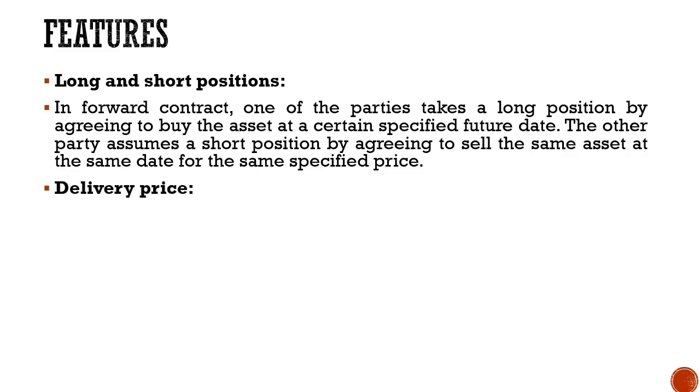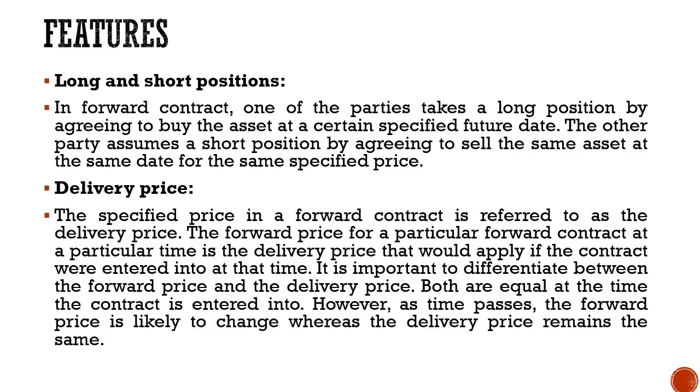Next, delivery price. Now this is a very important point under the features of forward contract. The specified price in a forward contract is referred to as the delivery price. The forward price for a particular forward contract at a particular time is the delivery price that would apply if the contract were entered into at that time.